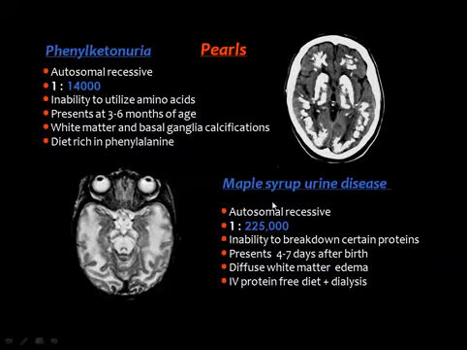Maple syrup urine disease is also autosomal recessive. It is rare. The main problem is inability to break down certain proteins.